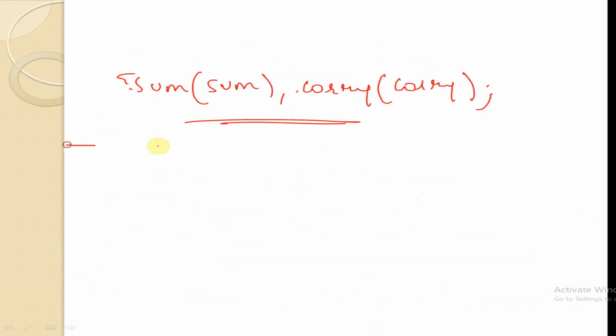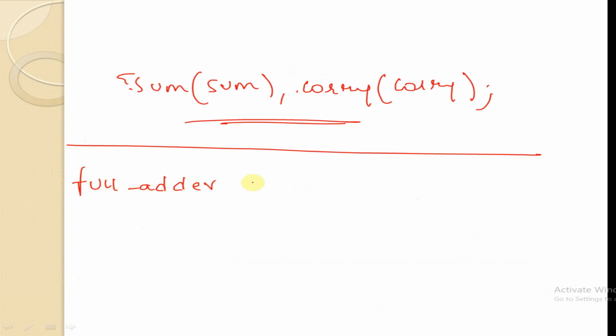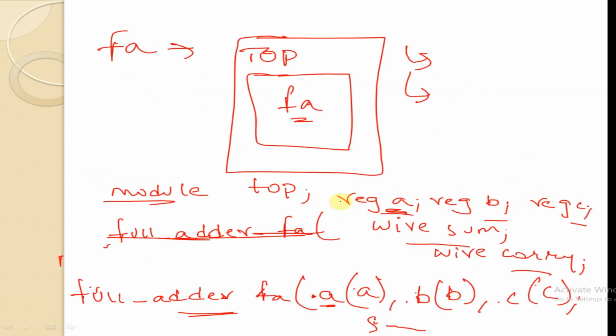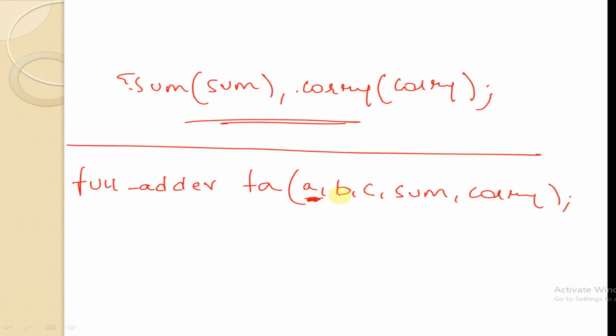And coming to positional based instantiation, I will simply write the design module name followed by instance name followed by A comma B comma C comma sum comma carry. By remembering the position, here we have A, so at the first position I am writing one input, and at the second position we have B, so I am writing B at the second position. Like that I am remembering the position.